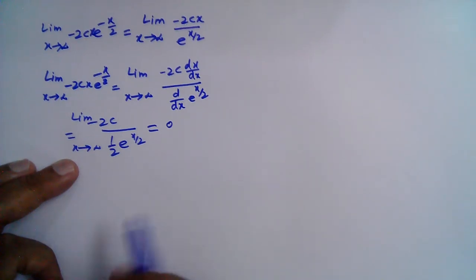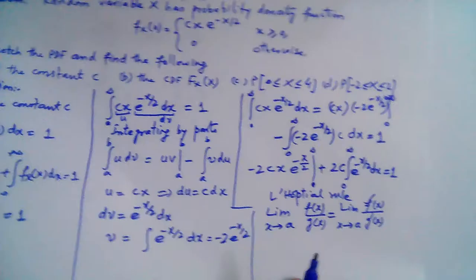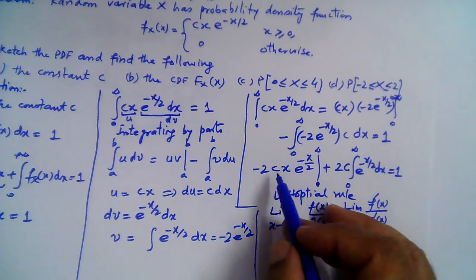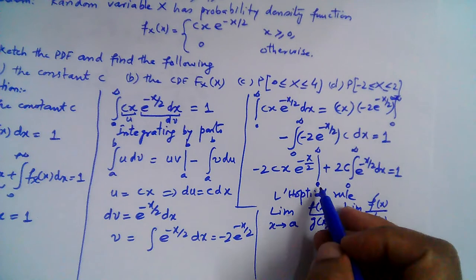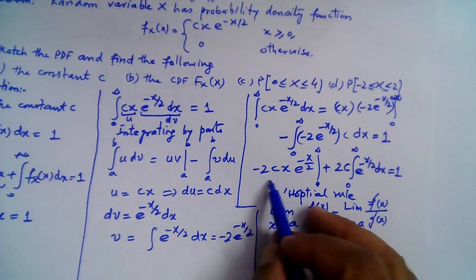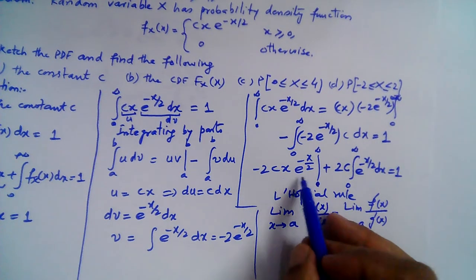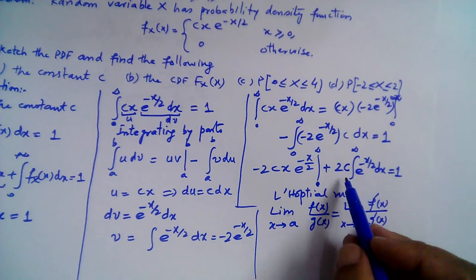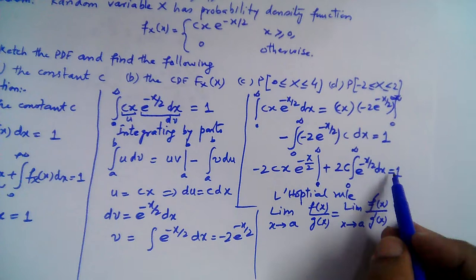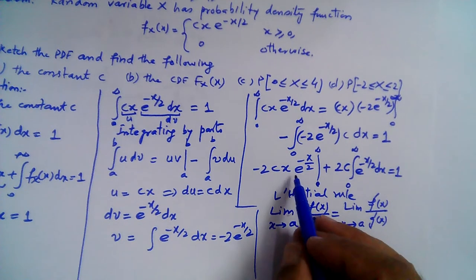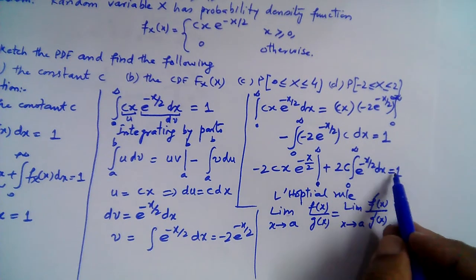So we can now substitute the limits here. This term, when x approaches infinity, is 0, and the lower limit is also 0. This whole term vanishes, so this comes out to be 0. So we're left with only this term, which should be equal to 1. So this means 0 plus this term should be equal to 1.